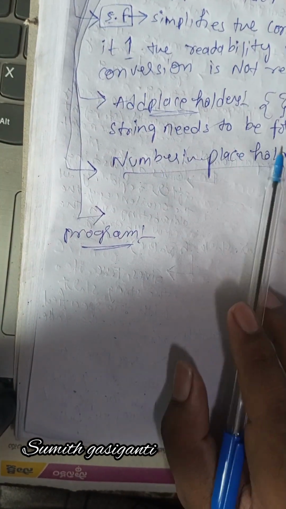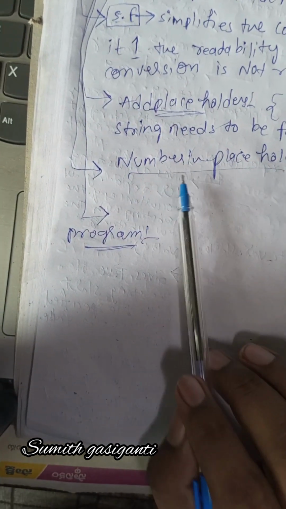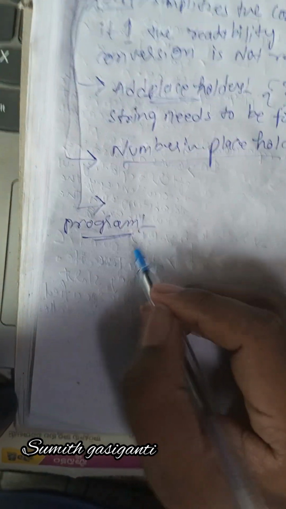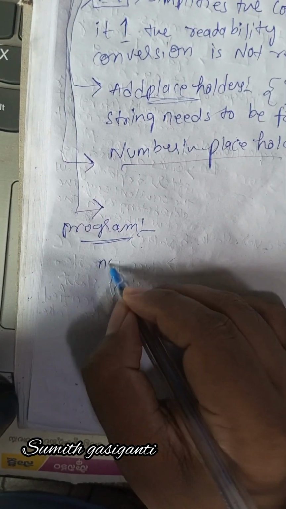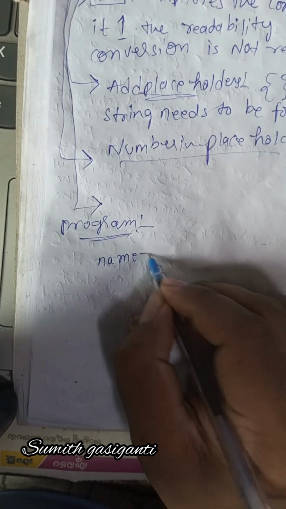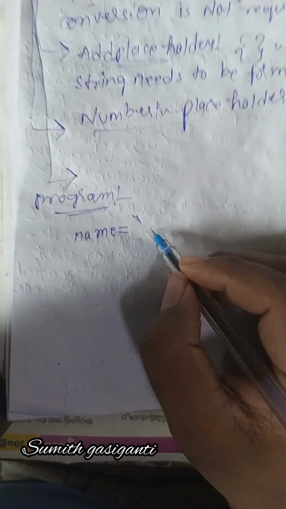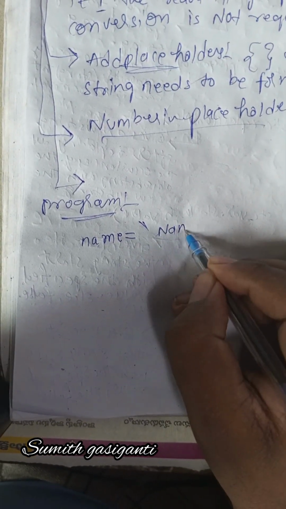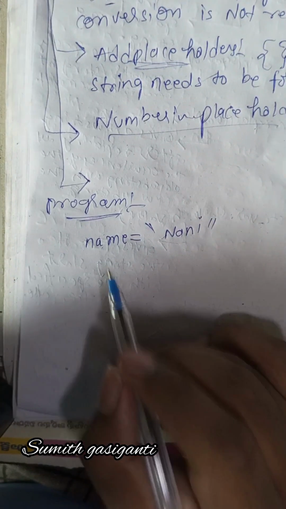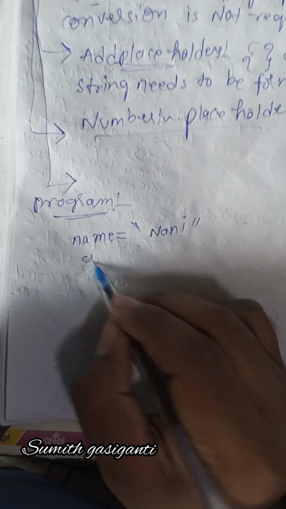The string needs to be formatted, and also the numbering placeholder. See here, we write a common example. I have taken name, Nani, and next, age.